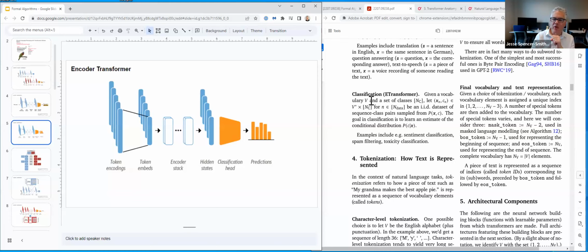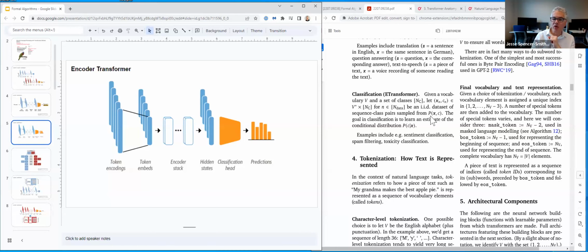What happens? You get a vocabulary and a set of classes. Let's do just positive statement, negative statement first. Two classes, positive or negative. And what you do is you get a whole bunch that are matched.